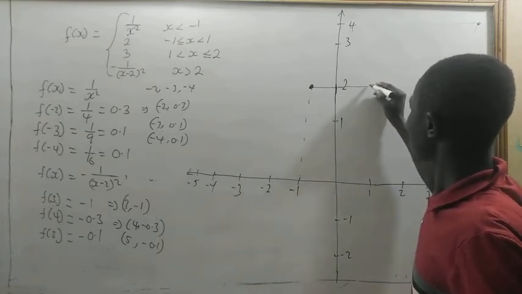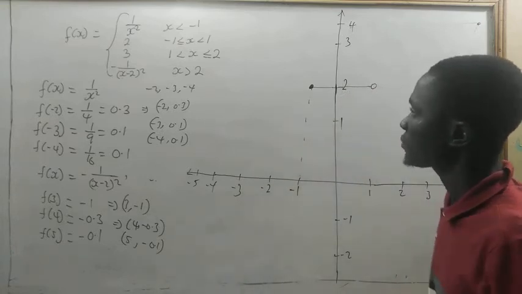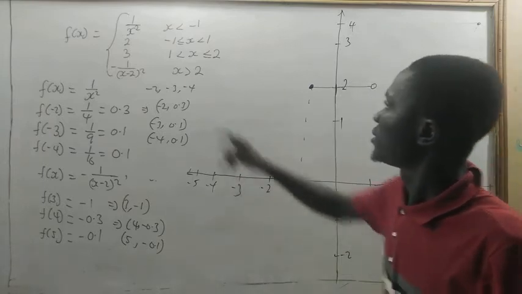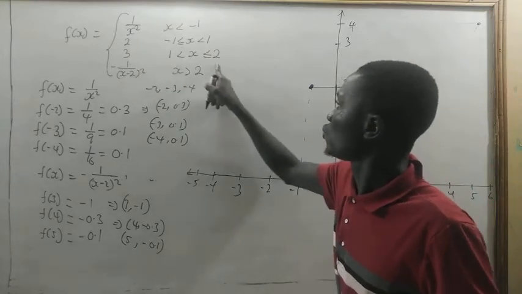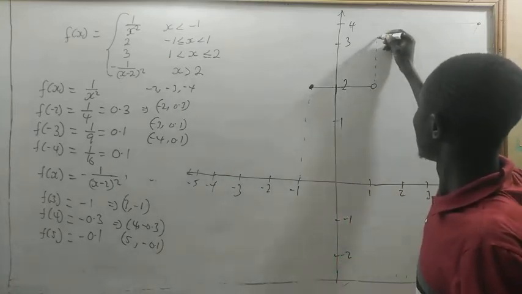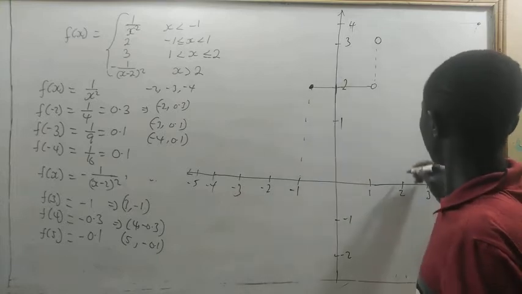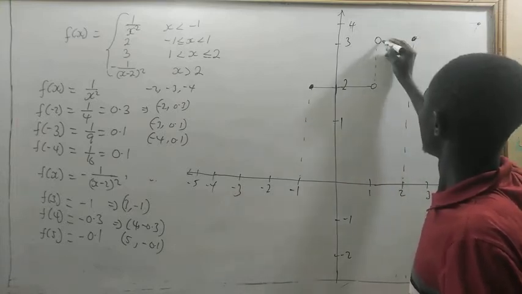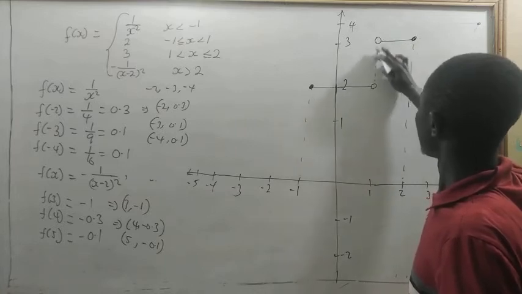Then for 3, we have 1 to 2. 1 is not included, but 2 is included.